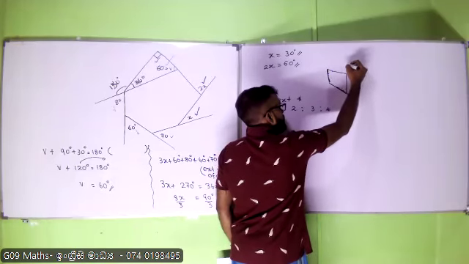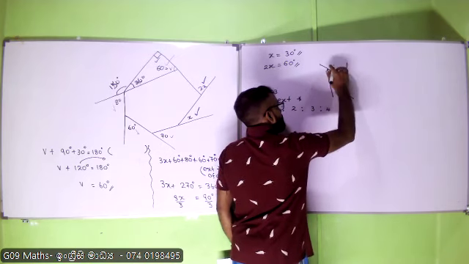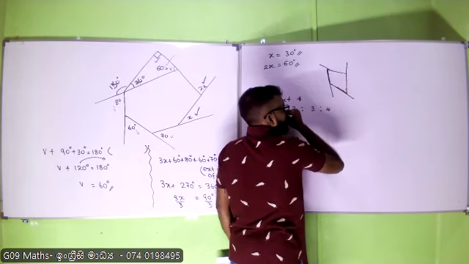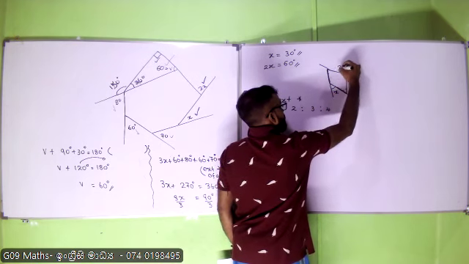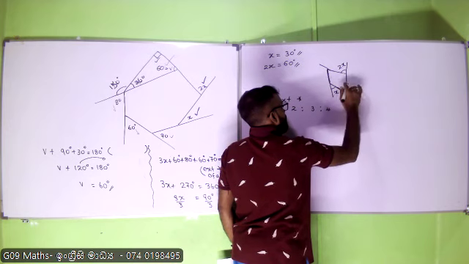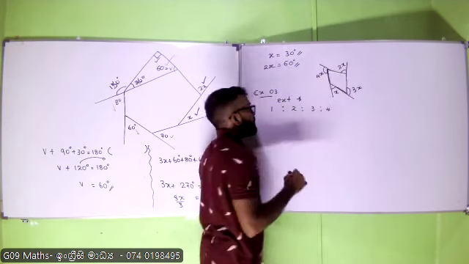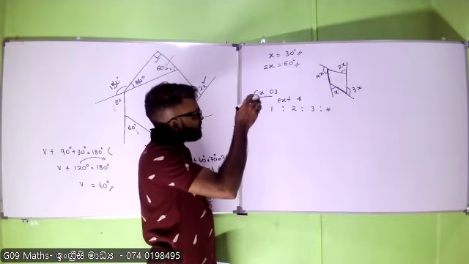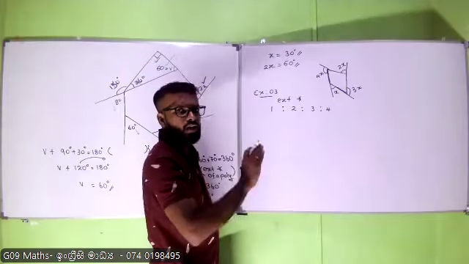So you have to extend the sides. If I say this is x, this is 2x, this is 3x, and this is 4x, as you wish you can take.